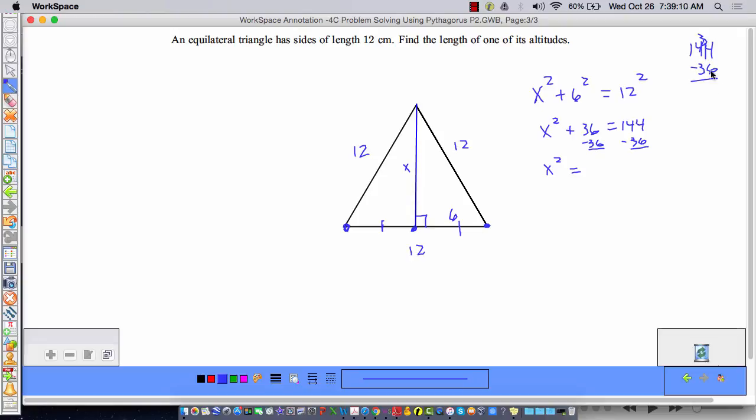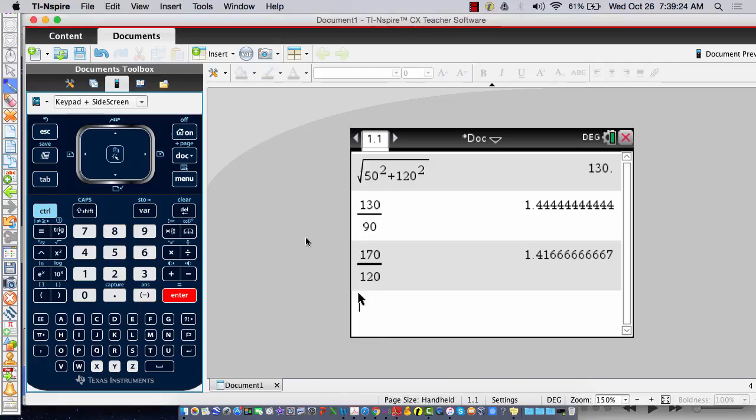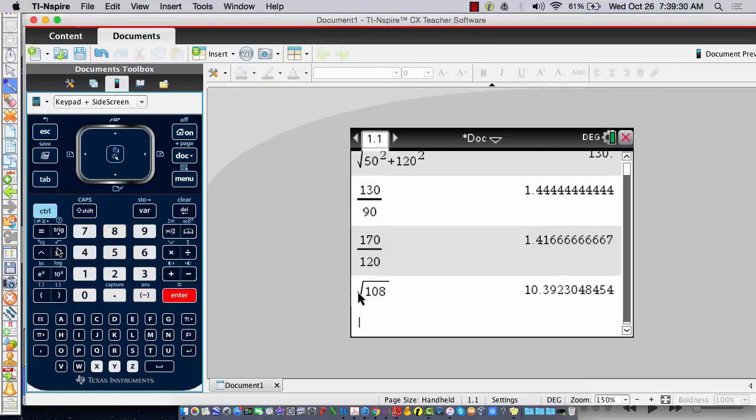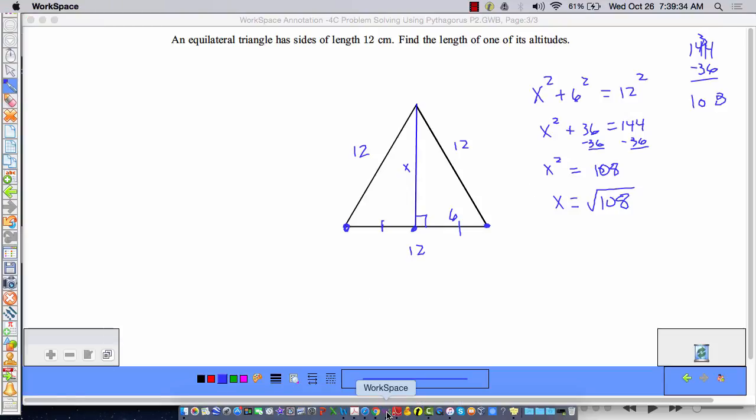So I take the square root of both sides, and x is equal to the square root of 108, which is a perfectly acceptable answer. On the calculator that is about 10.4. Square root of 108 is a better answer.